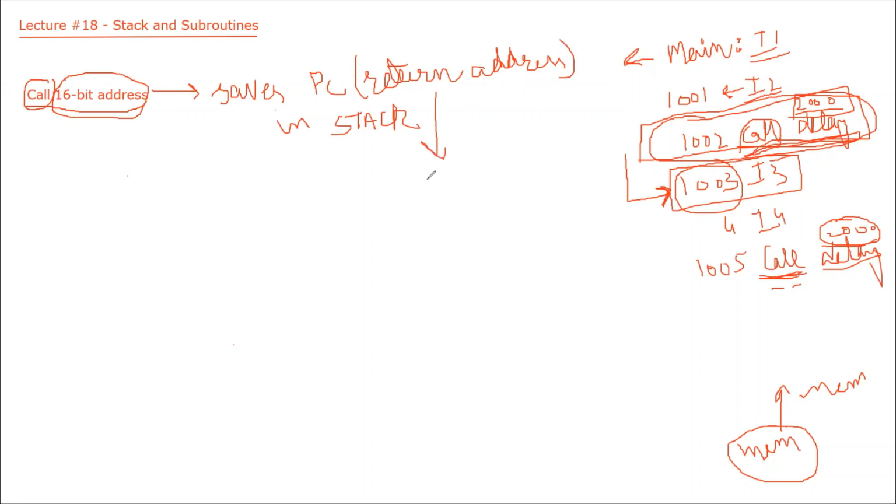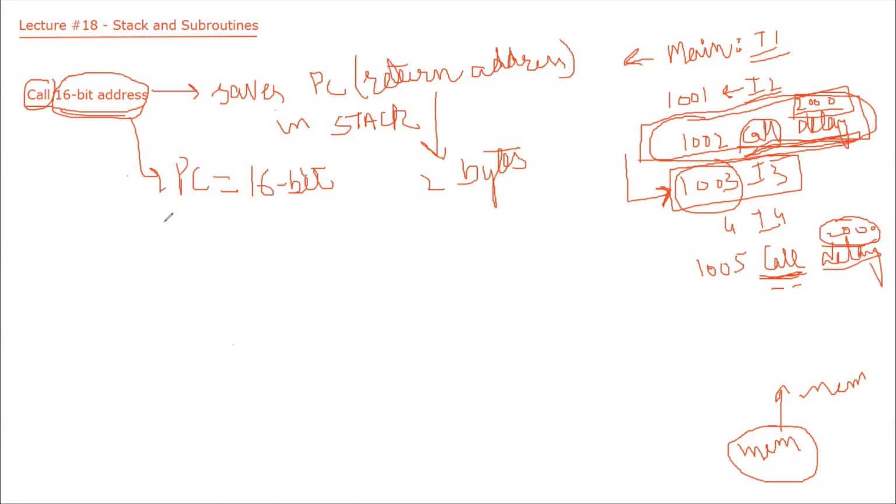Return address is 2 bytes, 16 bits. So it stores these 2 bytes on the stack. And then it updates program counter with this 16-bit address and starts the execution of the subroutine.